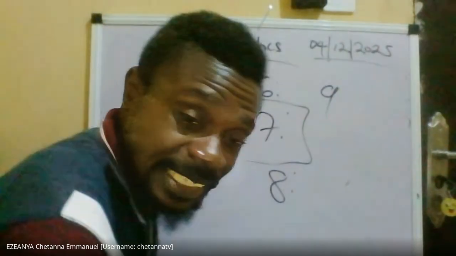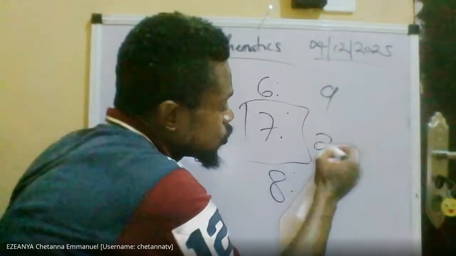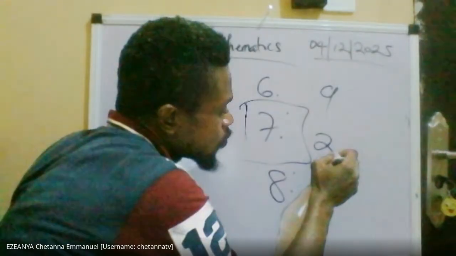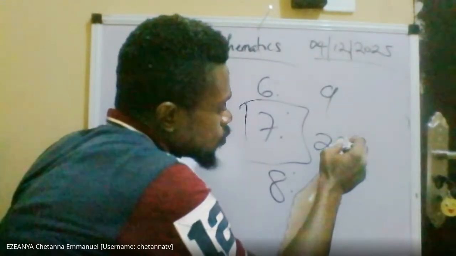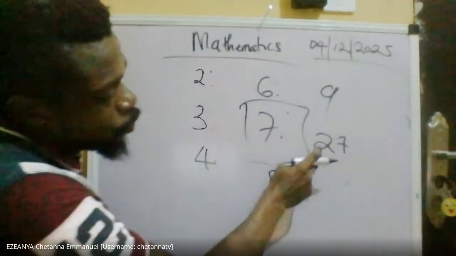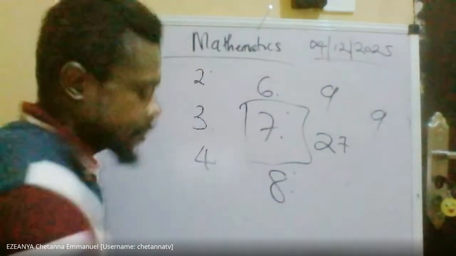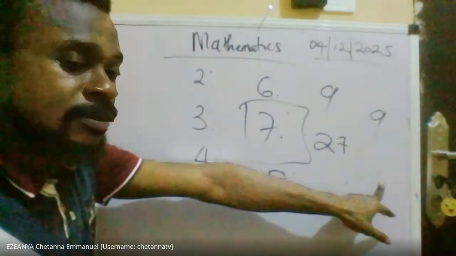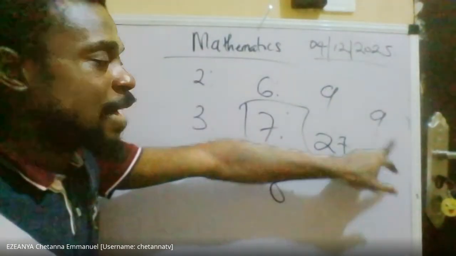Let's check whether it's true. 27. 2 plus 7 is 9. 9 is divisible by 3, and 9 is also divisible by 9.